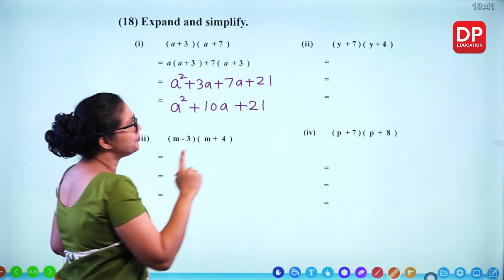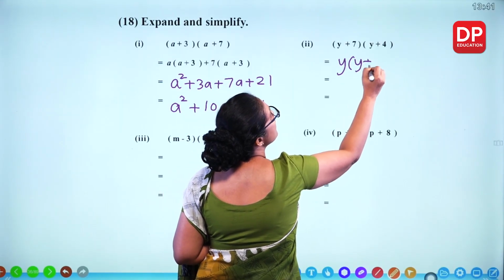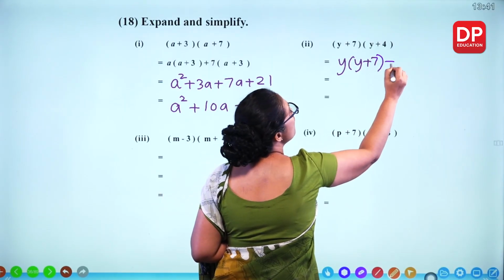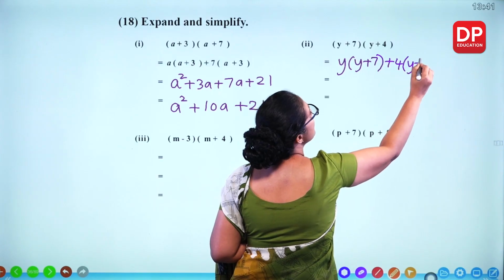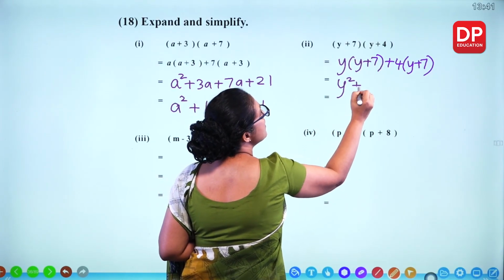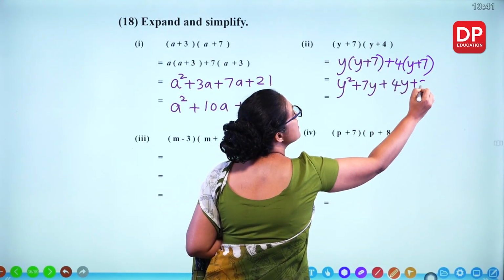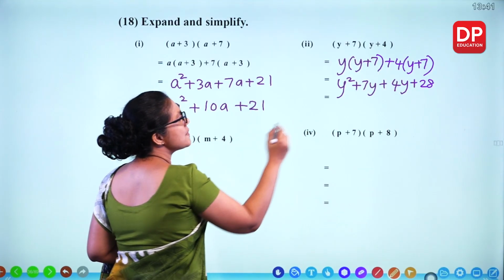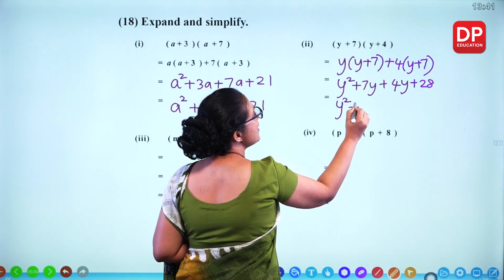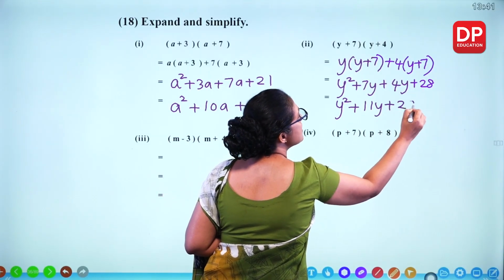What about this one? y with y plus 7 plus 4 with y plus 7. Now multiply y into y, y squared and 4y plus 28, 4 times 7. Simplify, y squared, 7 plus 4, 11y plus 28.